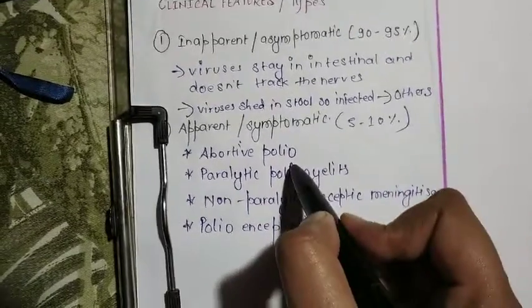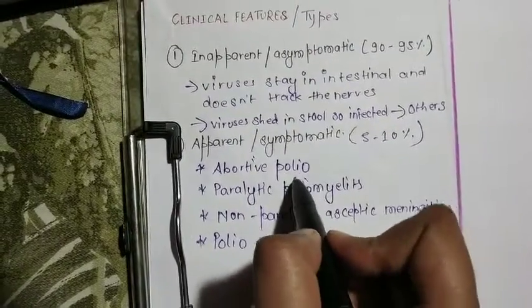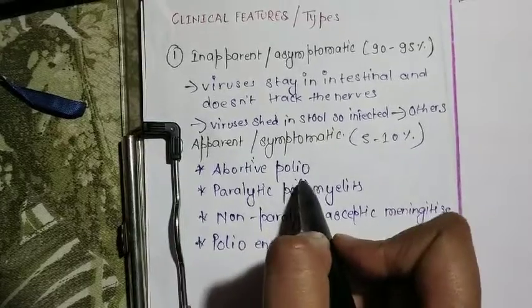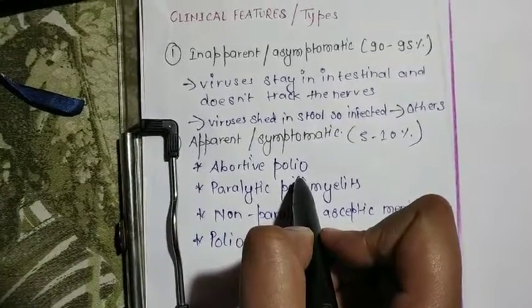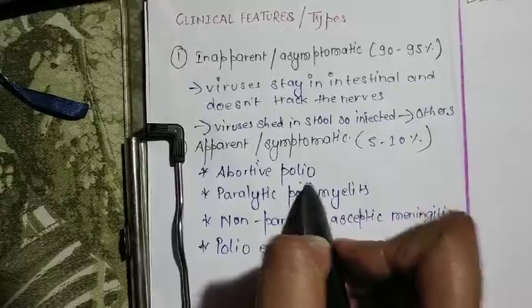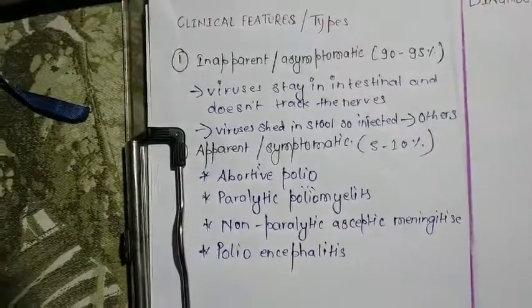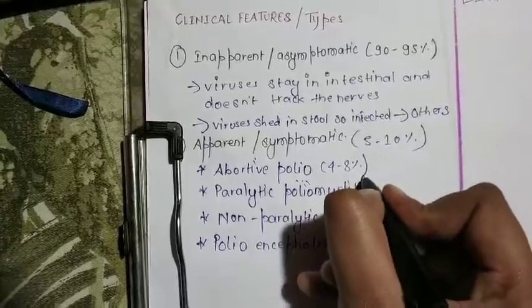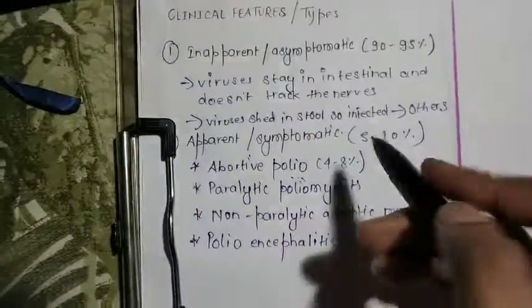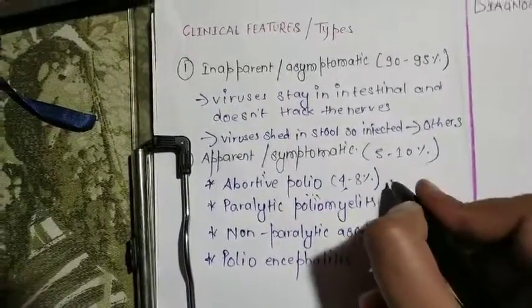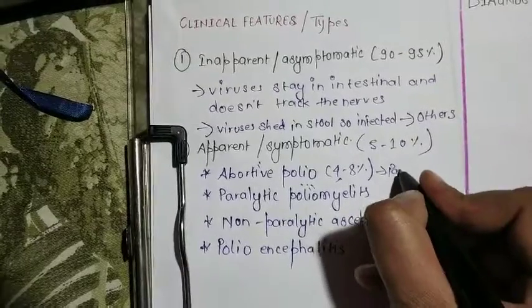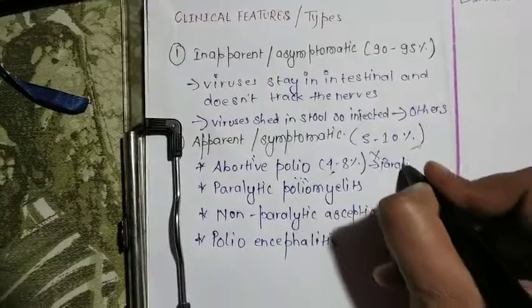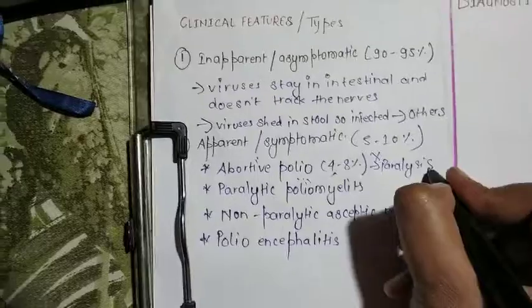Abortive polio: mostly 4 to 8% of infected patients show this type of infection, but it does not lead to paralysis.